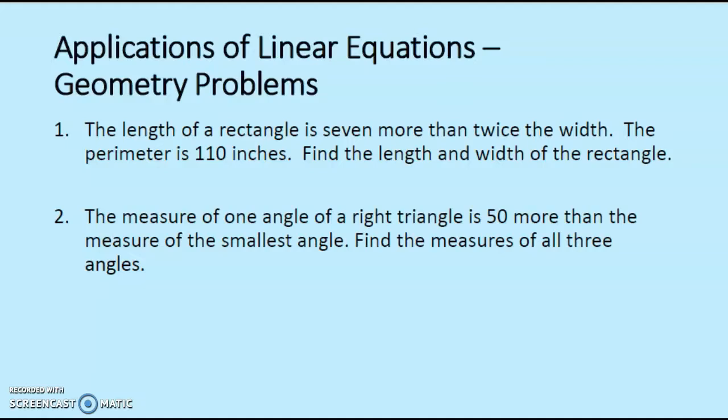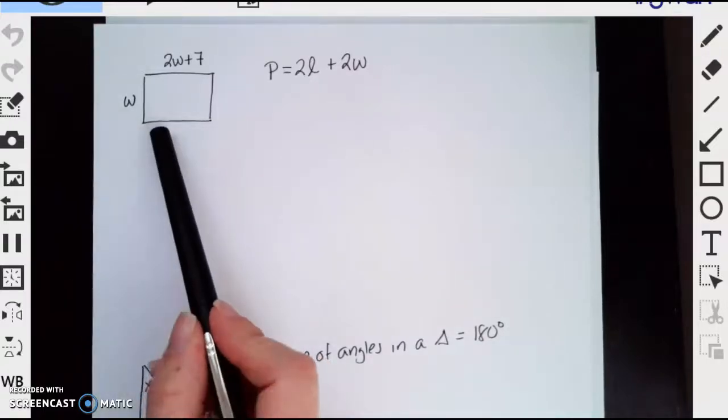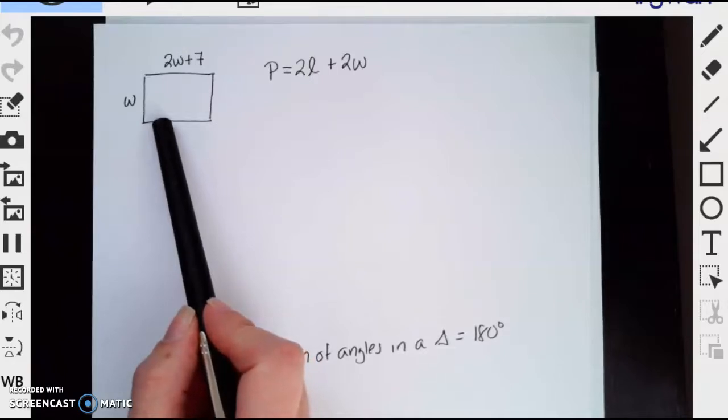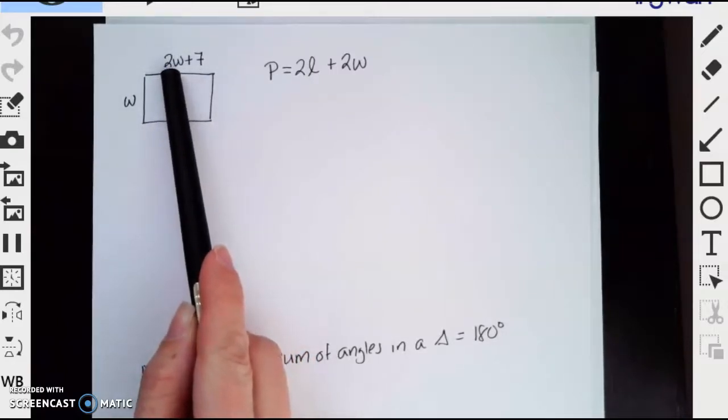One of the strategies that you might use for these kinds of problems is to draw a picture. If we're looking at a figure, let's draw a picture of it, and I have that here. So in this picture, I have a quick sketch of a rectangle, and we were told that the length is 7 more than twice the width.